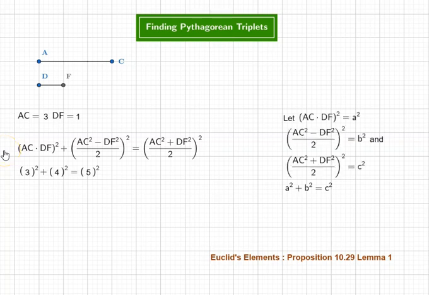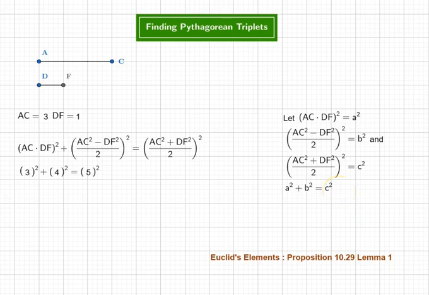So here, let's say AC times DF square is equal to A square. AC square minus DF square by 2 square is equal to B square. And AC square plus DF square by 2 is equal to C square. Then we can write this as A square plus B square equal to C square.